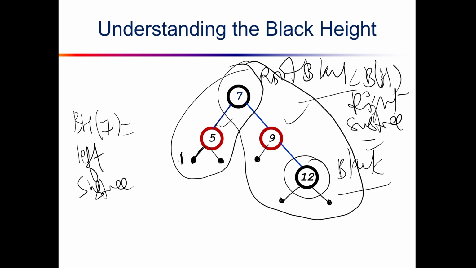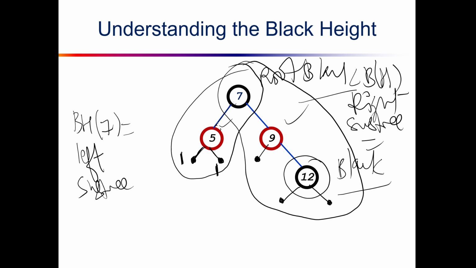So over here I can say that on the path 7, 5 and the left leaf node of node 5, the black height is 1. If I compute towards the right leaf node of node 5, then also I have 7 to 5 and 5 to the right leaf node. So again, how many black nodes do I have?